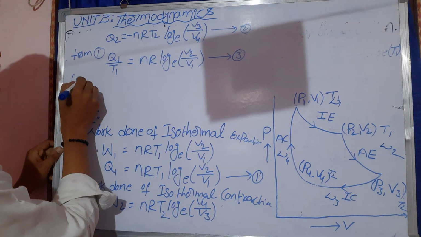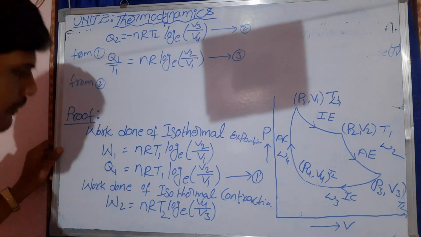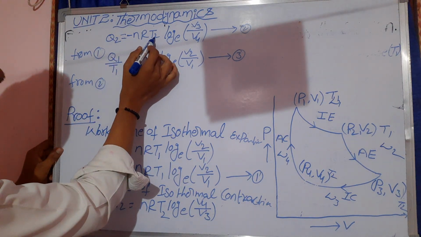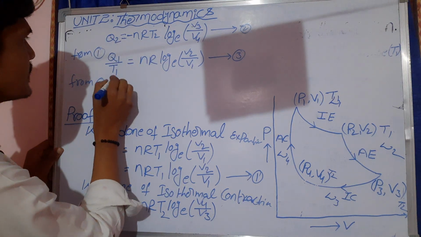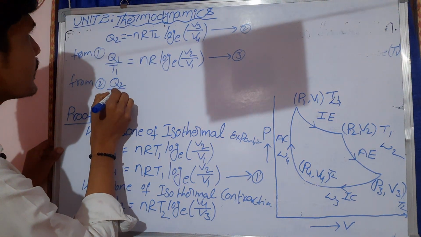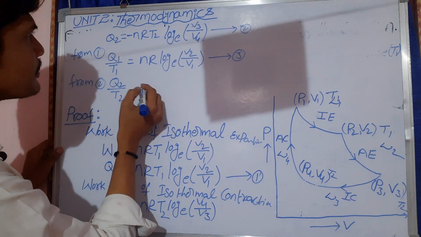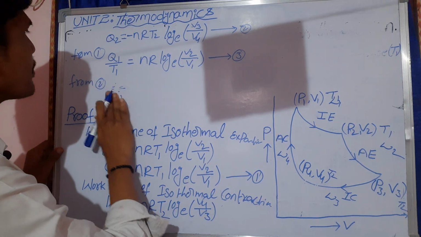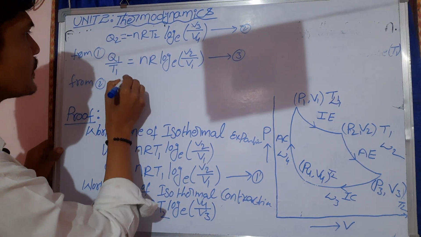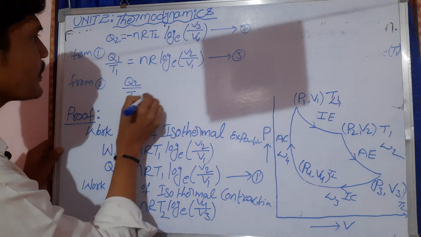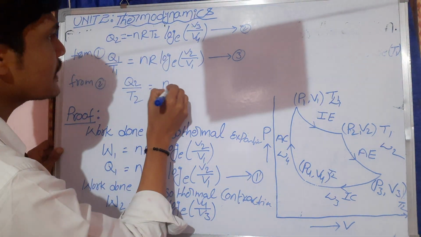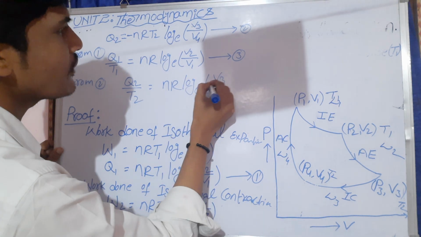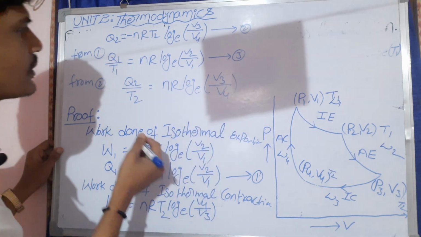Next, from equation 2, dividing temperature T2 to the left side, Q2 by T2 equals nR log base e V3 by V4.